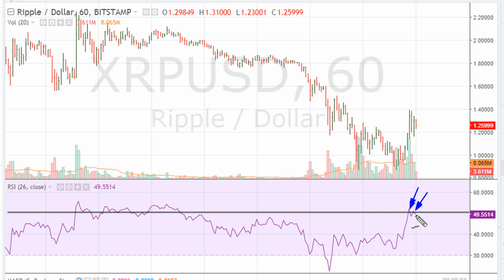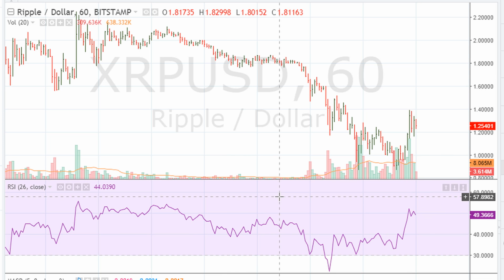So if this continues to be the case, if we start drifting lower, chances are we might test these lows or even break through. And if this market is to move higher, it needs to start trading above the RSI 50 level. Now again, keep in mind that I'm not the one forming these charts. The market is doing this on its own.